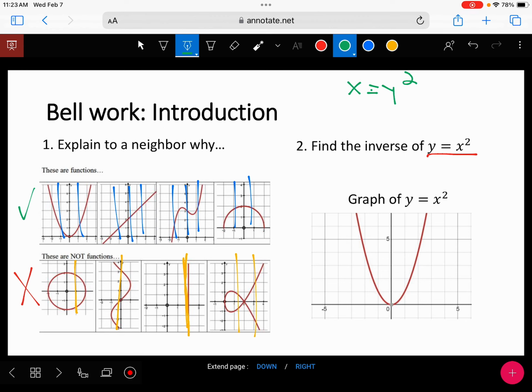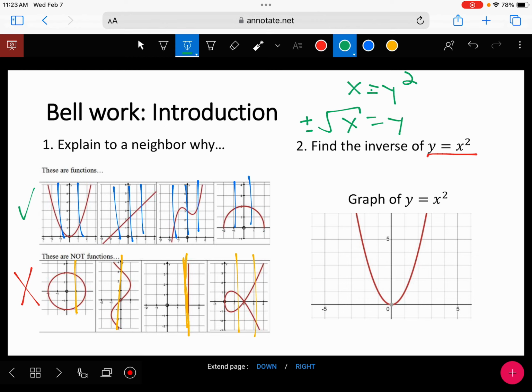So we have to solve this equation to get y by itself. What can we do to both sides to get rid of that exponent? Yep, square root. So then our final answer would be y equals the square root of x. Remember, the square root is positive and negative. That would be the inverse for y equals x squared.